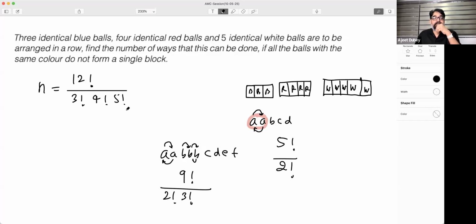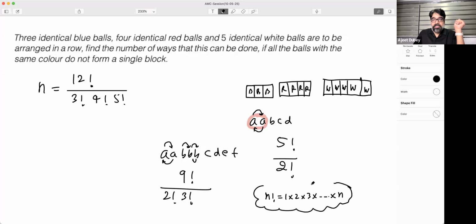Am I clear? Factorial means n factorial is 1 into 2 into 3 and so on till n. In the previous session somewhere I told this also.